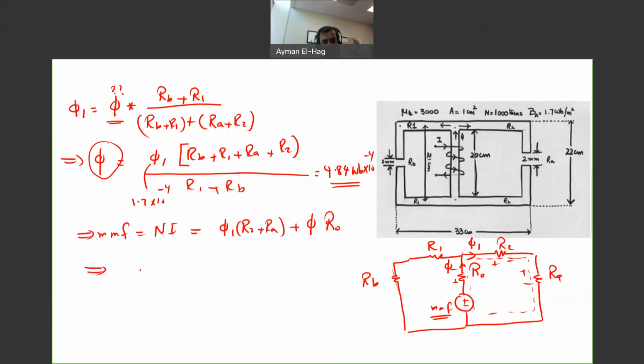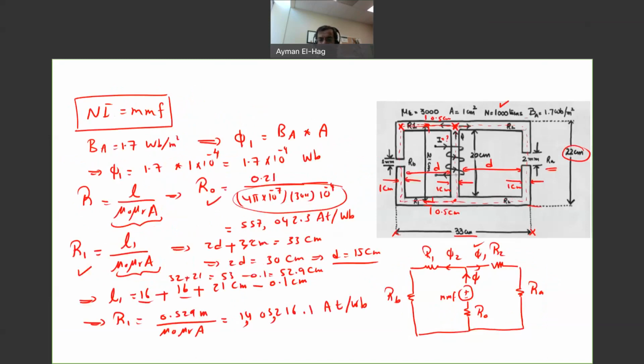From this you can find your I, which is equal to phi 1 times reluctance 2 plus reluctance A plus phi times reluctance 0, divided by N. Everything is known to us. So from this you can find your I, which is equal to 3.21.